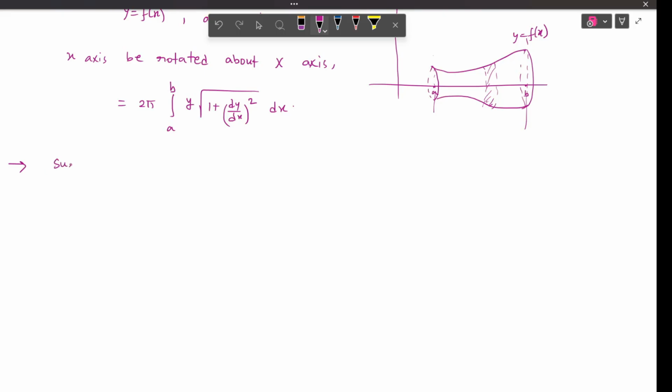Now let us talk about surface of revolution, the axis of revolution being y-axis.